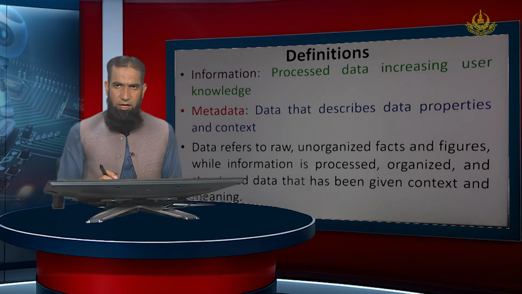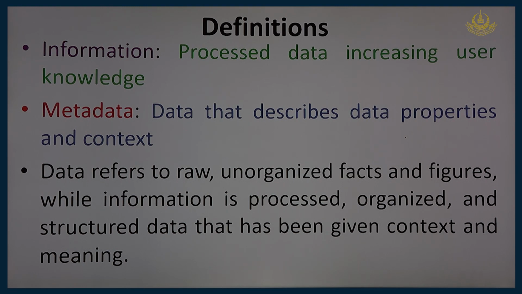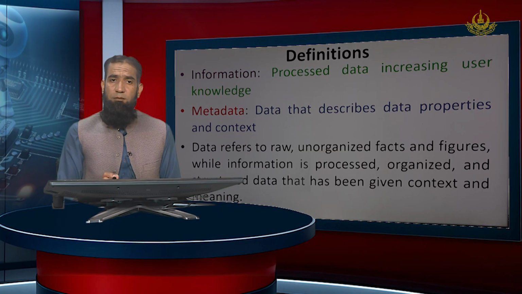There are some relevant terms we should know before moving forward. First of all, information. Information is basically processed data that can increase the user's knowledge. The second most important thing is metadata. Metadata is basically the data that explains other data. In a table, there are some headings, for example name, age, ID.